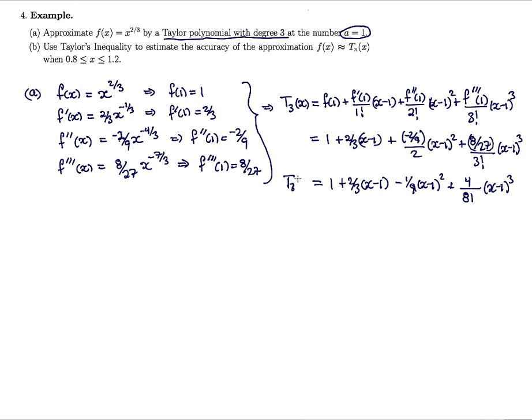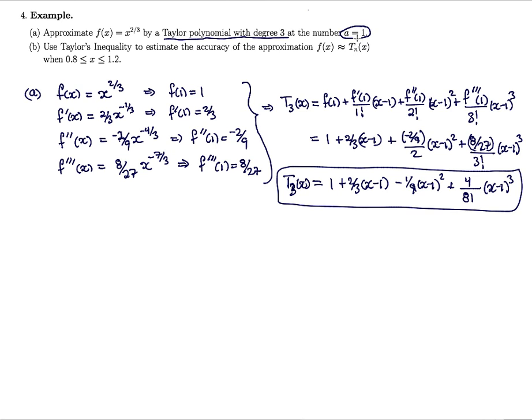And that's our third degree Taylor polynomial. Okay, so there's our Taylor polynomial that's representing our function, or an approximation to our function at the value a.